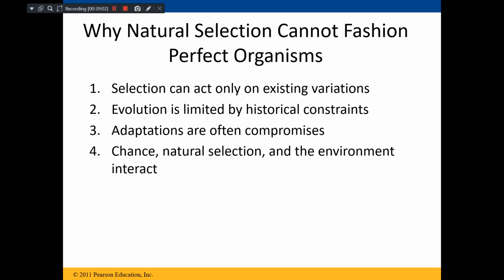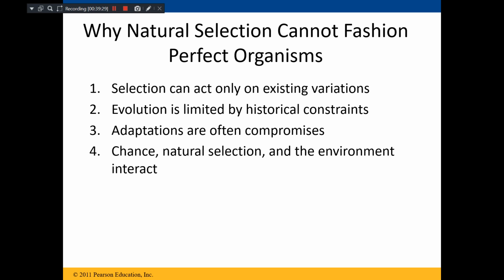After having discussed all these things, now you may ask why natural selection cannot bring about the perfect organism. All of you know there is no perfect organism as such. You take any individual, there are certain characters which are good, certain bad traits are also there.